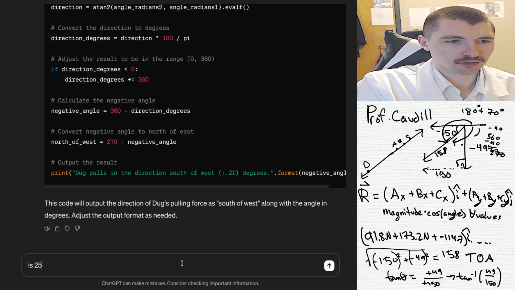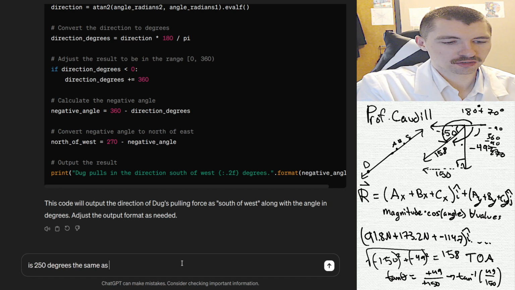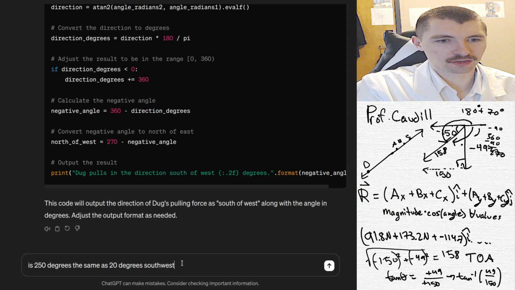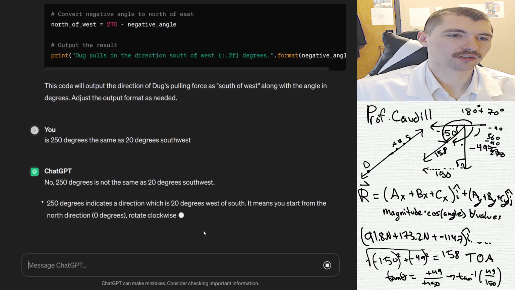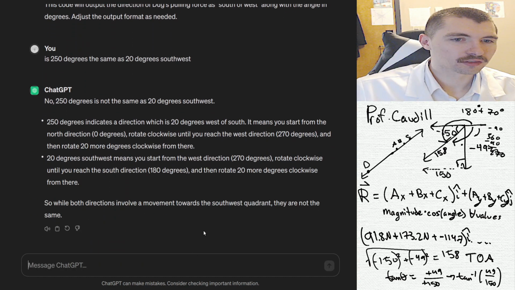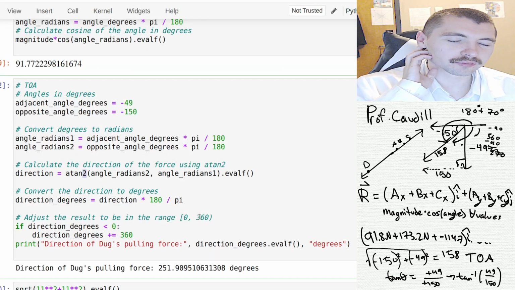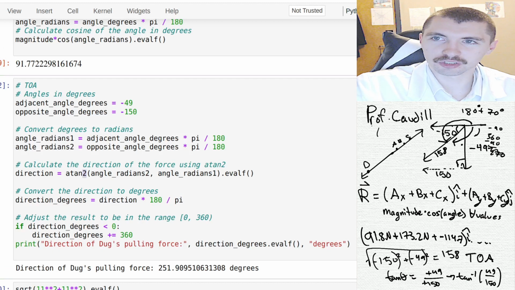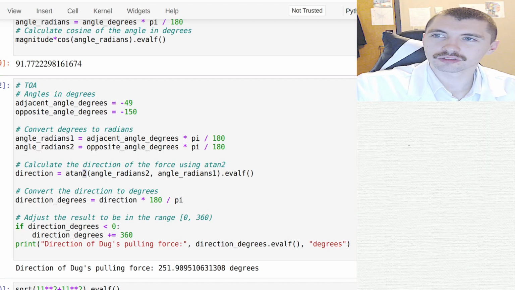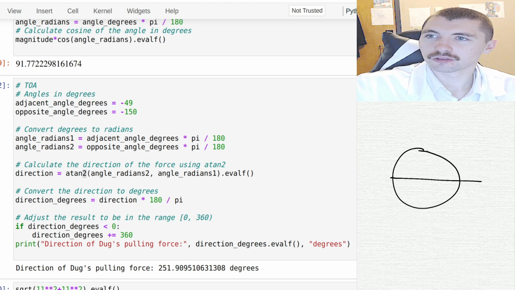Is 250 degrees the same as 20 degrees southwest? All right, let's draw a picture. So we want to go, this is 180.